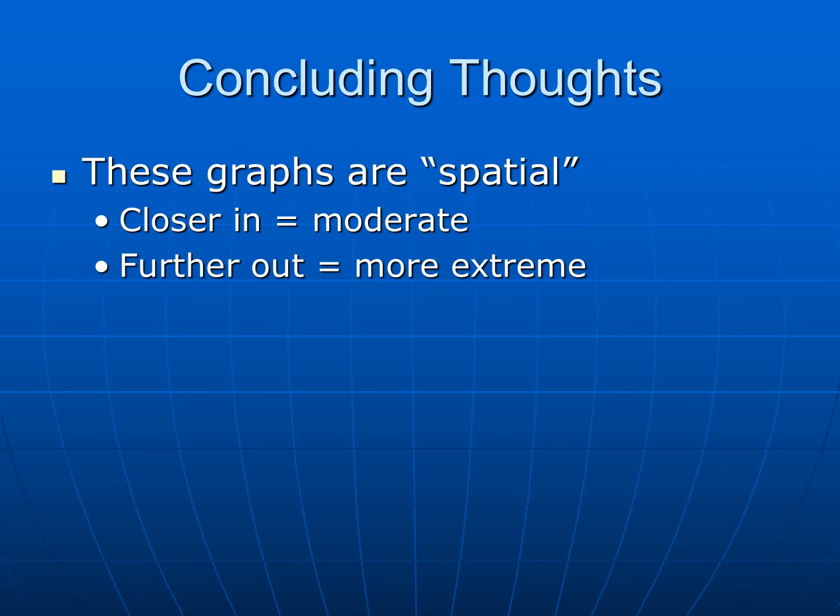A couple of concluding thoughts. First, both of those graphs, but particularly the political compass, are what we call spatial graphs. Spatial graphs basically means where you fall within a quadrant is a matter of degree to which you embrace that ideology.